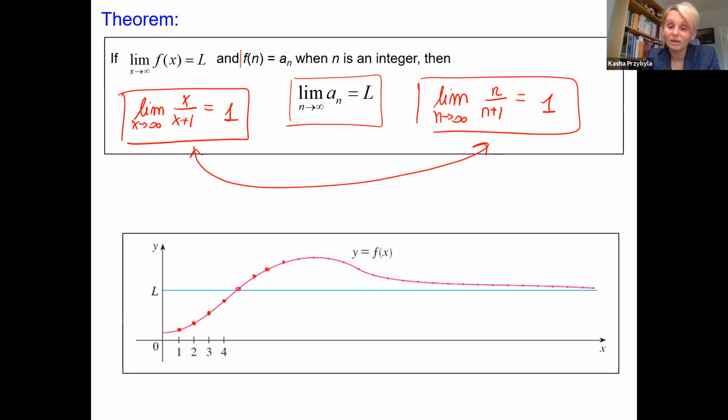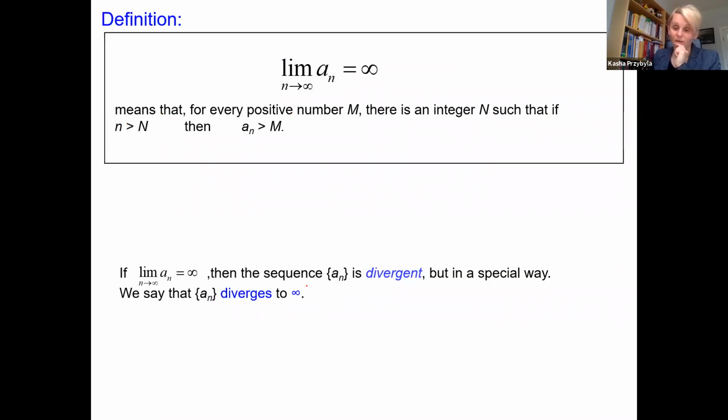So we are just rewriting. And that's what I was saying: the pink line, which actually should be yellow, is the function, and the dots are the sequence. But they follow the same pattern, and we may use the same tools, because we can call a sequence a function.